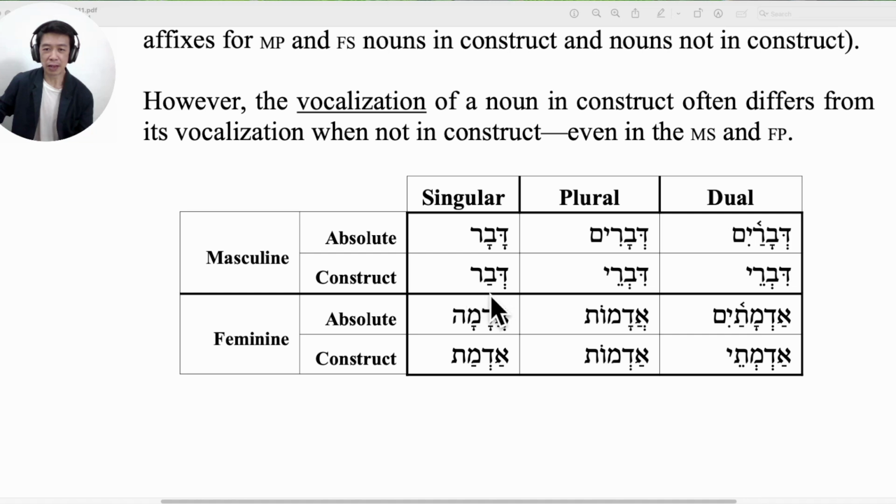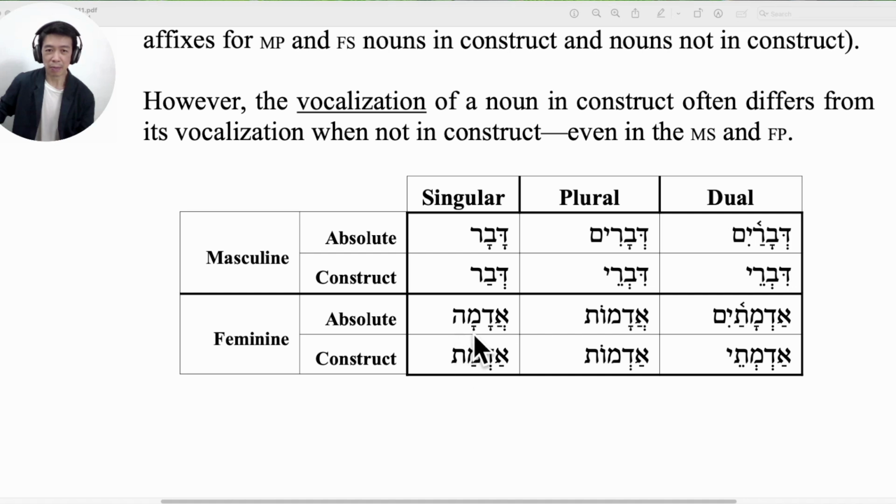For feminine forms, we have adama, meaning ground, and in construct form, we have atmat. Notice that the hey transforms to a tav from absolute to construct forms.